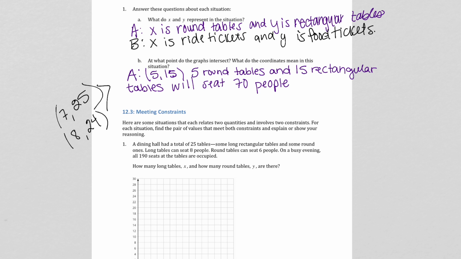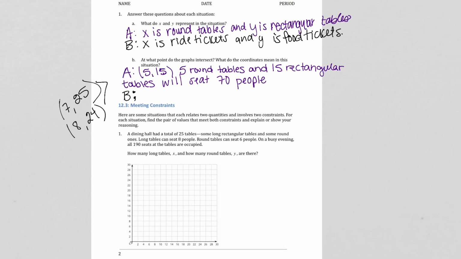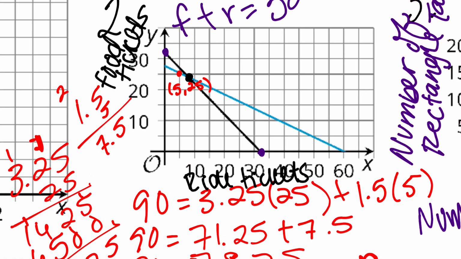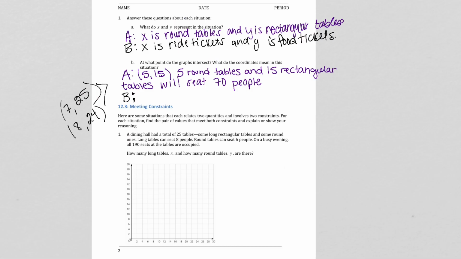Okay, so what do these coordinates mean? Approximately. This is an approximate coordinate because it's not on the line, so it's not going to be exact. And honestly, we can probably say it's not 25. So let's go with the 824.